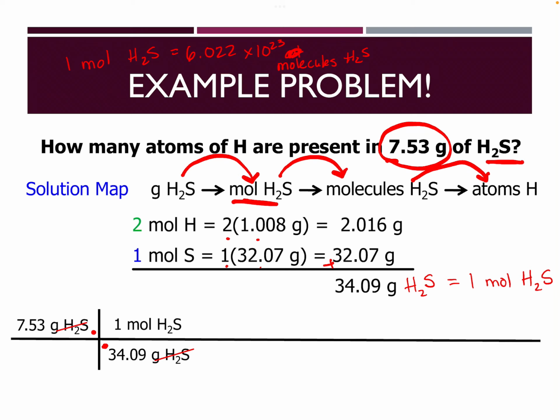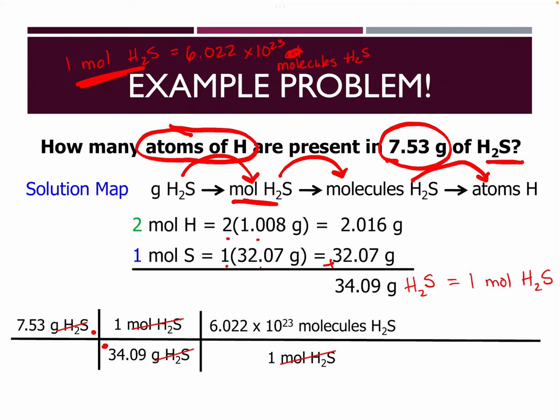Okay, so now we have our equality up there. Remember, moles of H2S has to cancel moles of H2S, so 1 mole will go on the bottom, and our number of molecules will go on the top. We'll make sure our units cancel, and then double check what we're looking for. We're looking for atoms of hydrogen, so we're not done yet. We have to keep going because right now we have molecules of H2S.